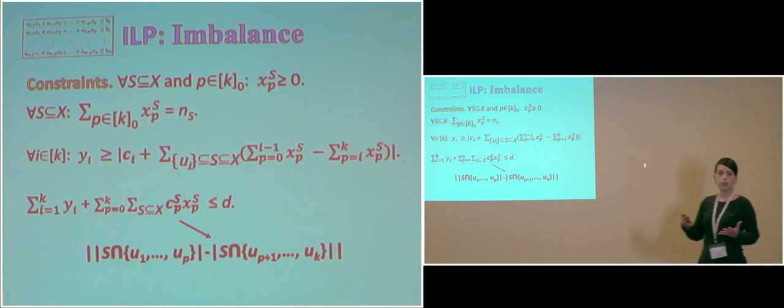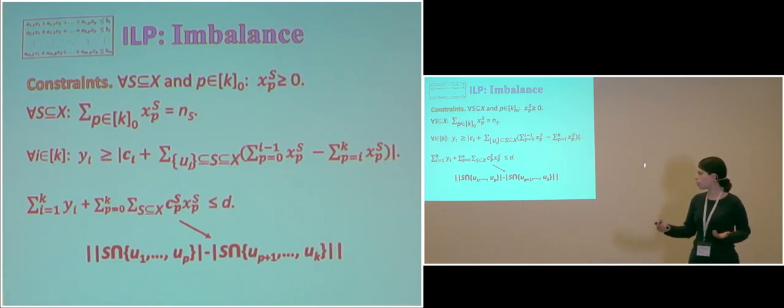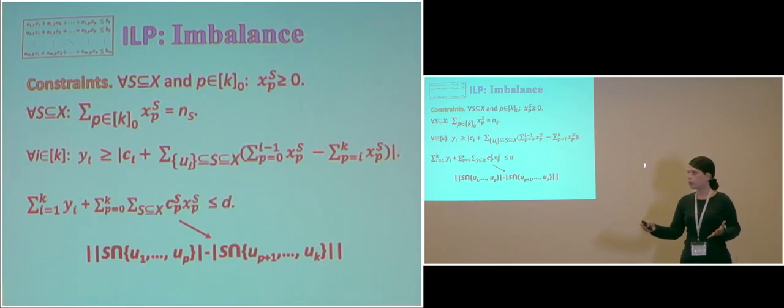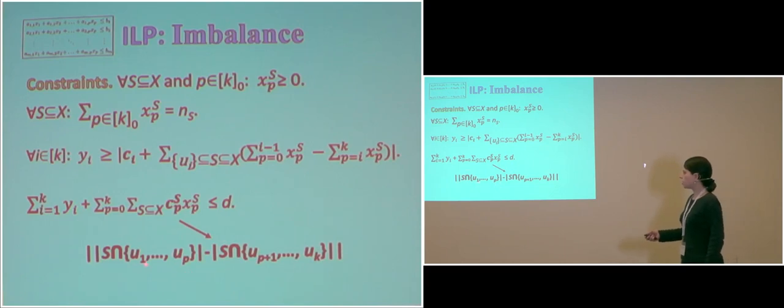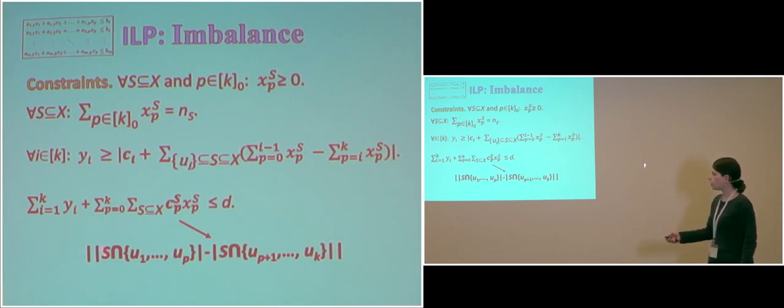So the vertex in the independent set only has neighbors in the vertex cover. We took a vertex of type S and we placed it in position P. So how many vertices from the vertex cover are up to position P, before position P? This is precisely S intersection U1 to UP. These are all of the neighbors of the vertices of type S, right?